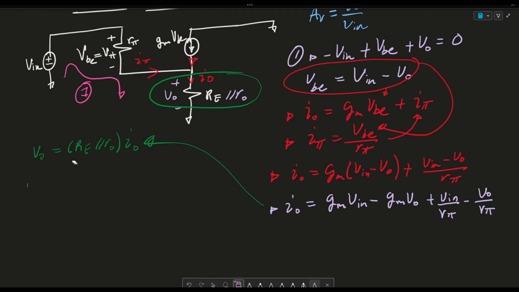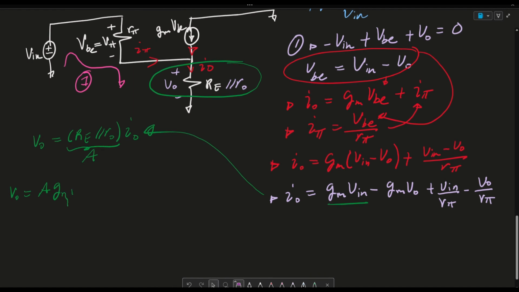let me consider this RE in parallel with RO to just be an A, just to make things easier. So VO is equal to A times GM V in minus A times GM VO plus A times V in over R pi minus A times VO over R pi.